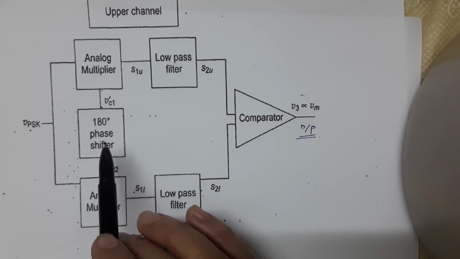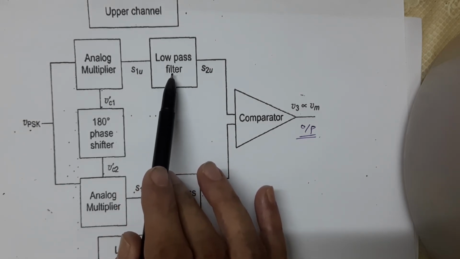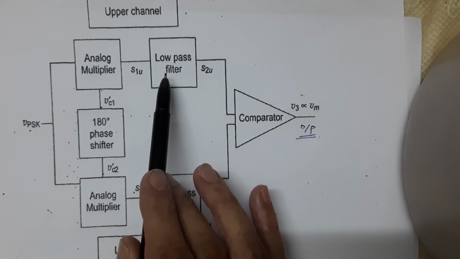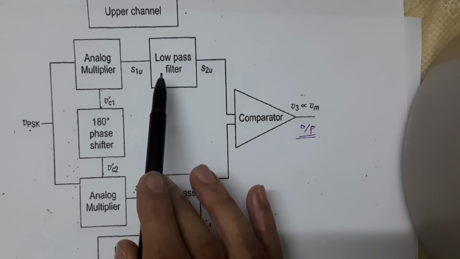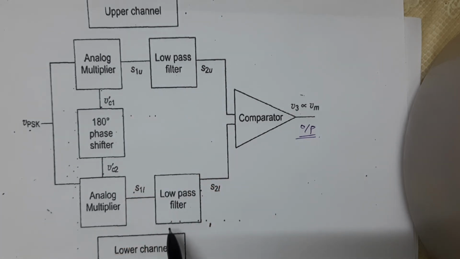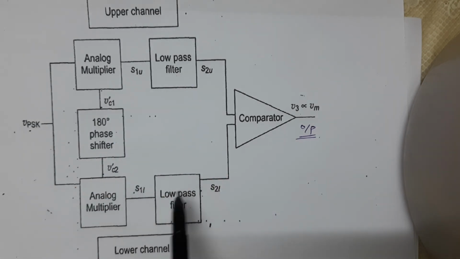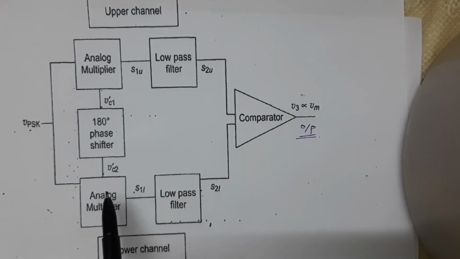Hence the output of the low pass filter in the upper channel will contain the baseband message during intervals belonging to 0 degree phase shift and its 180 degree phase shifted version during the intervals belonging to the phase shift of 180 degree. In the lower channel, exactly the opposite happens.